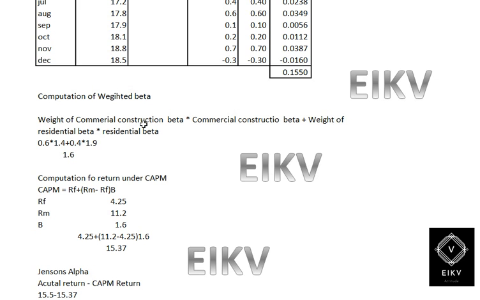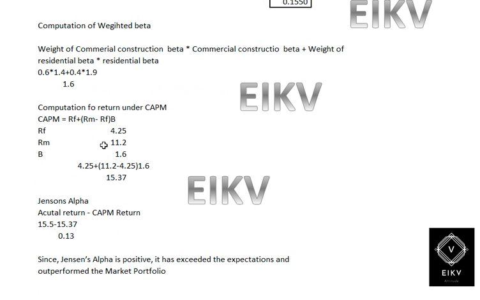Therefore we need to multiply each beta by its weight, which means 0.6 into 1.4 plus 0.4 into 1.9, which will give you the beta as 1.6.